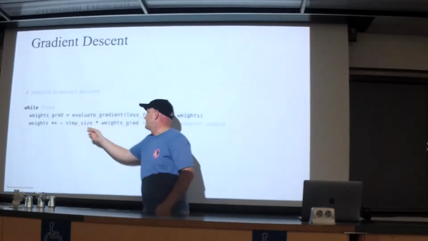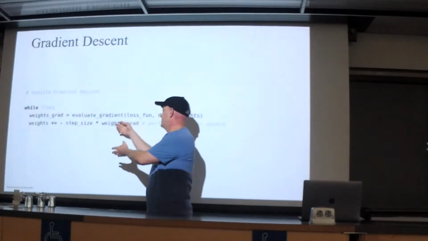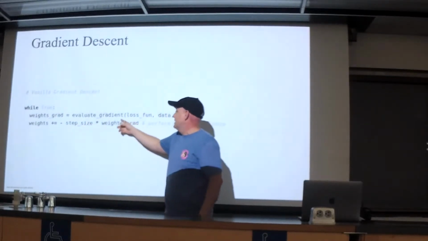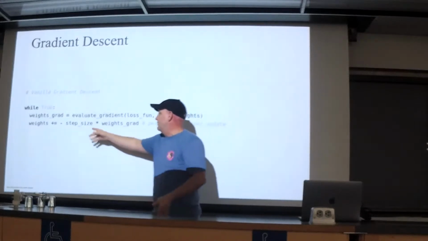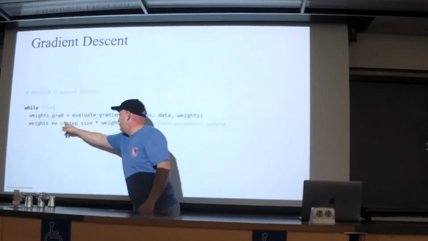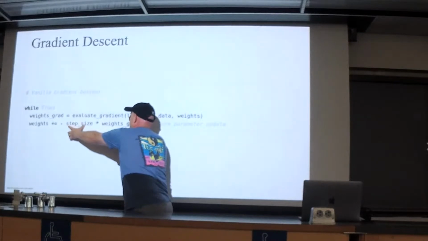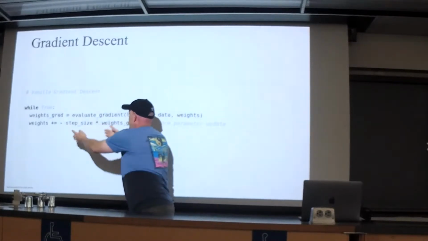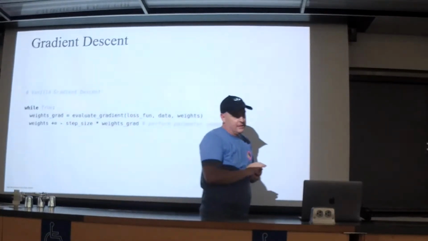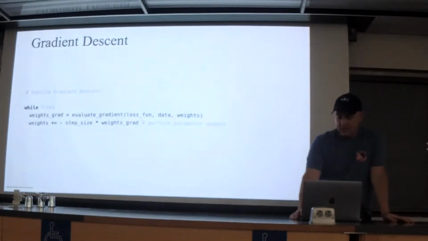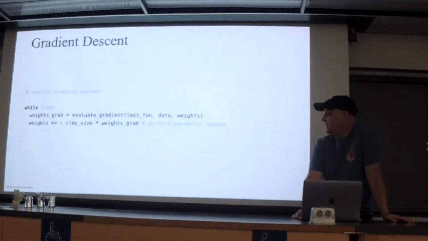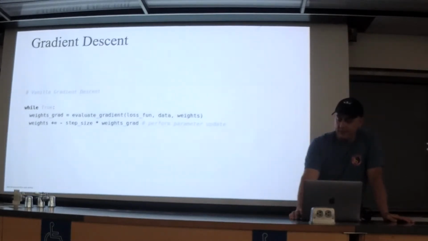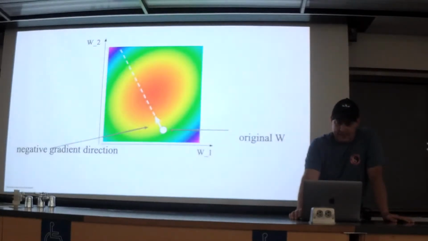It's subtracting off a step in the direction of the gradient, so it's adding to it a small scaled step in the direction of the negative gradient. It's pretty simple to write down, and this could work, especially with enough compute available to you. But there are some problems with it.